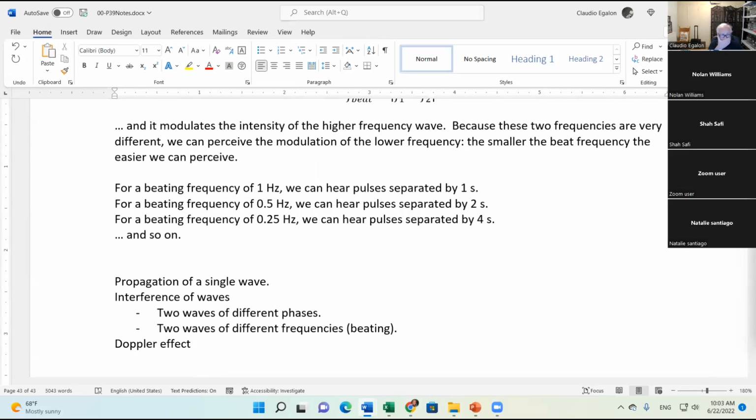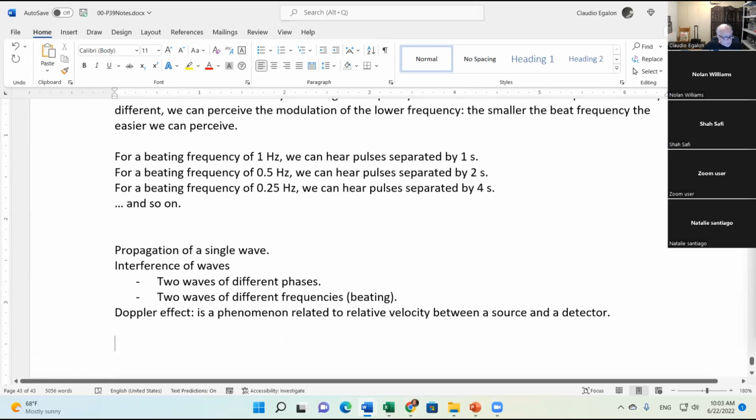Okay, what's the Doppler effect? Doppler effect is a phenomenon related to relative velocity between a source and a detector. That's what Doppler effect is all about.